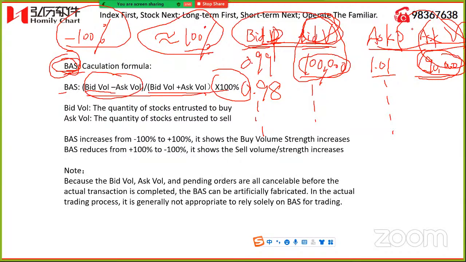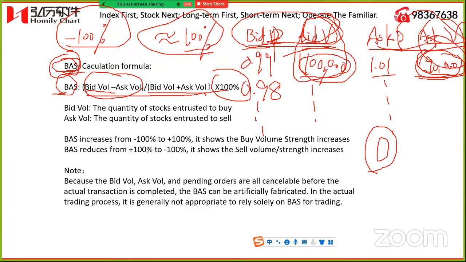Let's say the bias is 0. Is it possible? Yes, it's possible. That means the bid volume is the same as the ask volume. It's balanced. You cannot see which is stronger, buy or sell.